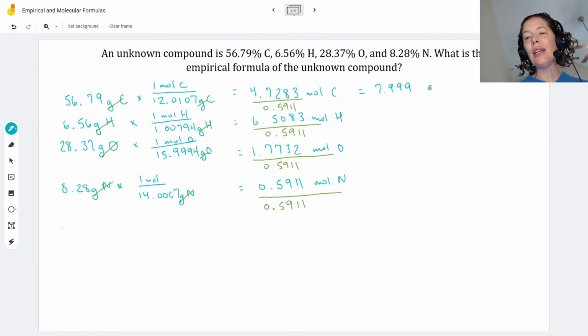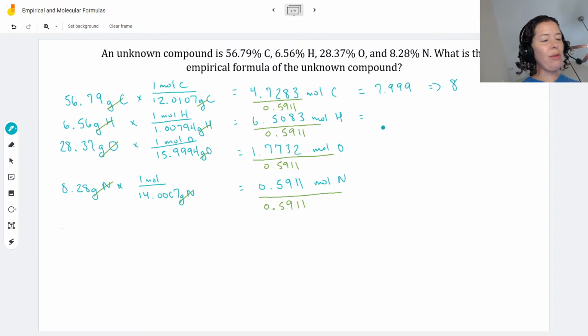7.999, which is 8. Again, we're looking for our closest whole number here. So it doesn't matter that that is 7.999. You can assume that is 8. So these numbers don't always come out completely exact. You might have, like this one was just under 8, or you might have 8.011. That's still 8.